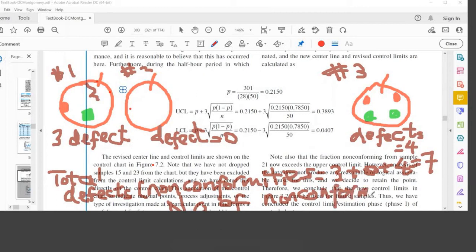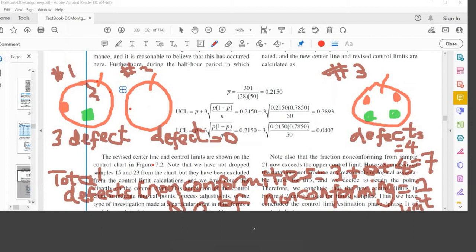Number of non-conforming will be 2. Okay, 2 units. Non-conforming is referring to the units. So in this case, 3 defects, but non-conforming is 1. Here is okay, this is a good product. This is non-conforming, 1 unit. So we have 2 units non-conforming.